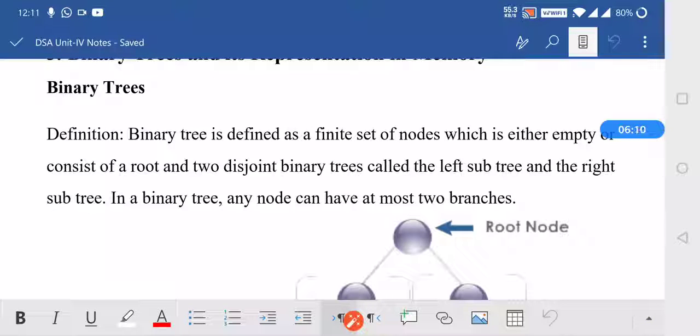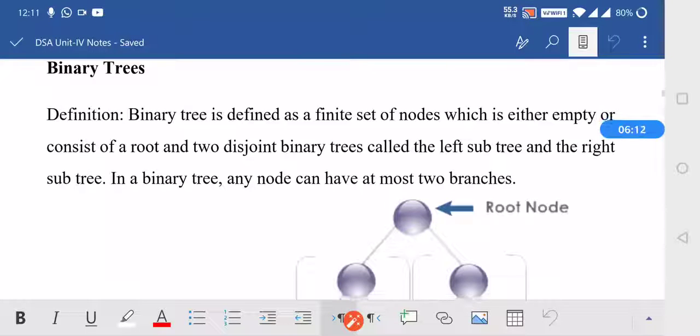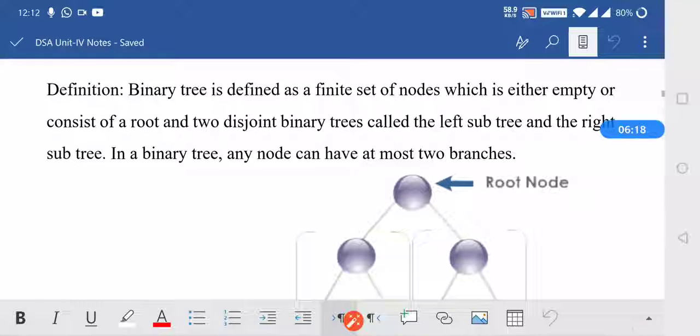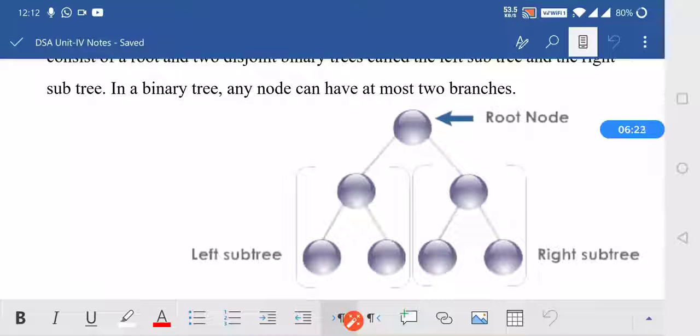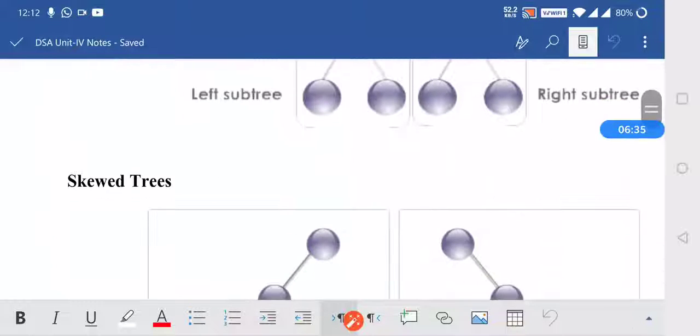Now binary tree is nothing but a tree which contains a set of nodes that are either empty or consist of a root and two disjoint binary trees, that is left subtree and right subtree. As we have seen, this is the root node, this is our left subtree and this is our right subtree, but each and every node should have either 0 or 2 child nodes.